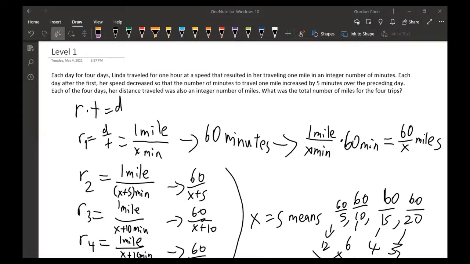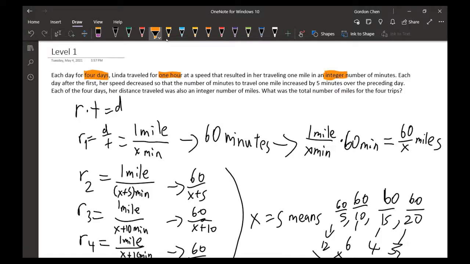Okay, so I'm going to be explaining level 1 and 2 now. For level 1, each day for 4 days, Linda travels for 1 hour at a speed that results in her traveling 1 mile in an integer number of minutes.